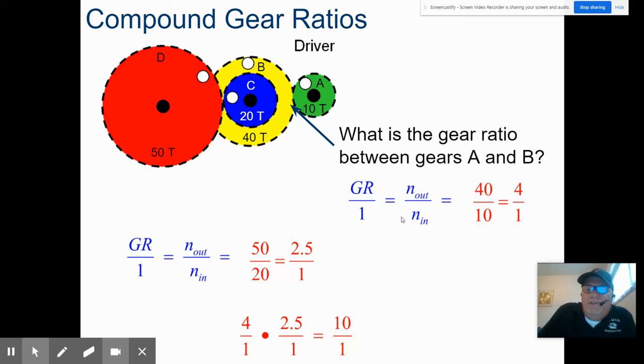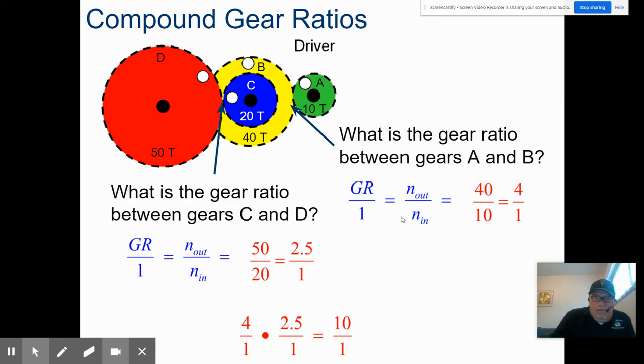What is the gear ratio between gears A and B? If A is the driver, that's the input gear, and the output gear is B. So you have output over input, and you have 40 over 10, or 4 to 1.